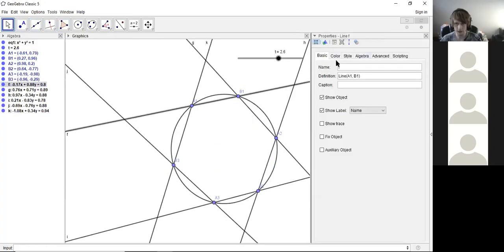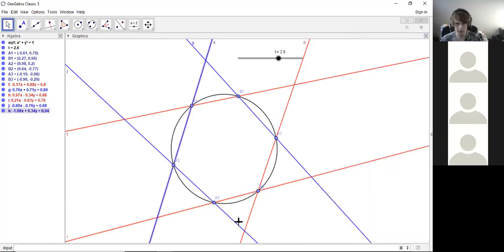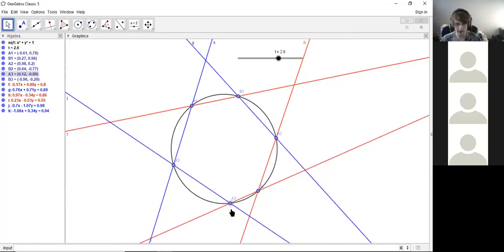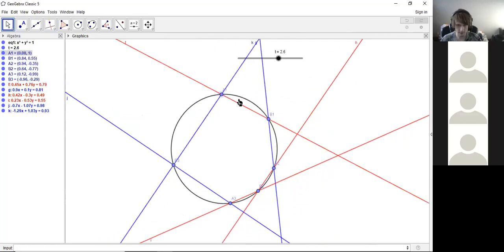Red, blue, red, blue, red, and blue. Let's move these so that it's easier to see the amazing phenomenon that happens here.